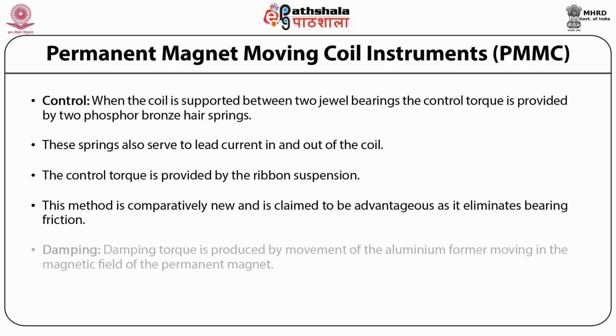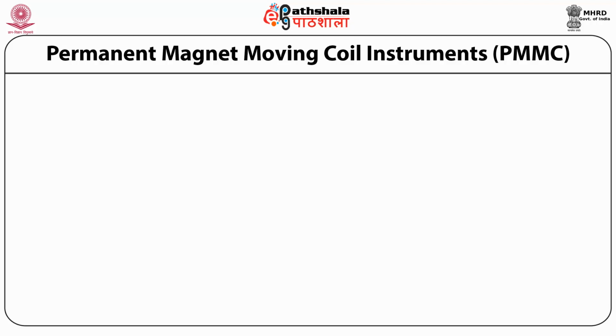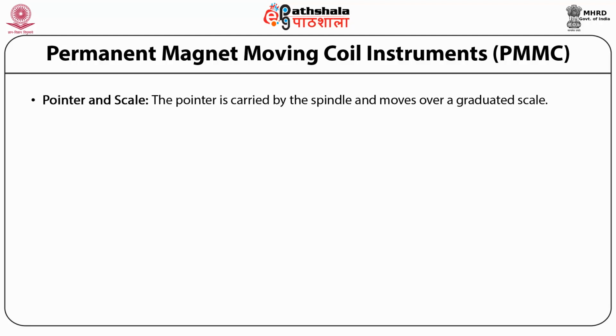Next is the damping. Damping torque is produced by movement of the aluminum former moving in the magnetic field of the permanent magnet. Next feature is the pointer and scale. The pointer is carried by the spindle and moves over a graduated scale.